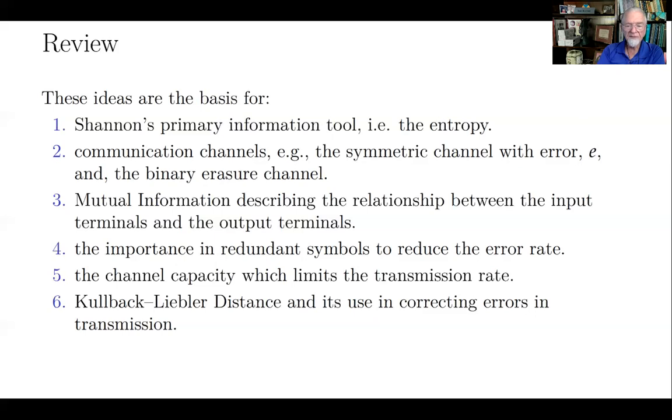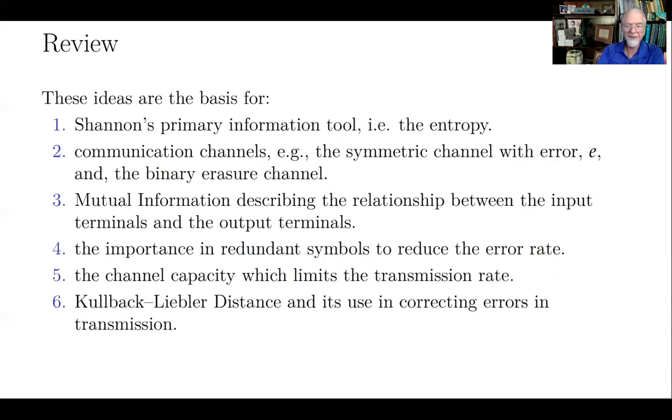Communication channels, we talked about it in the past, the symmetric channel with error and the binary erasure channel. Mutual information describes the relationship between the transmitting terminal and the output terminal.